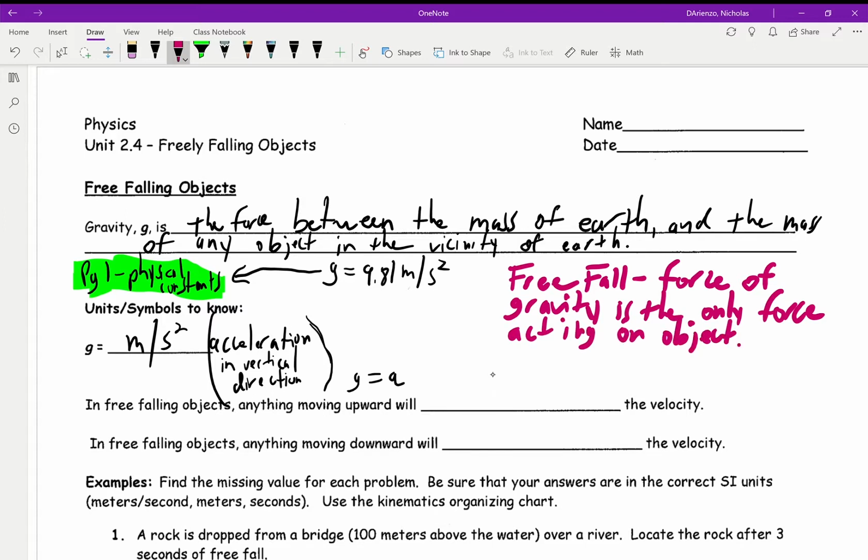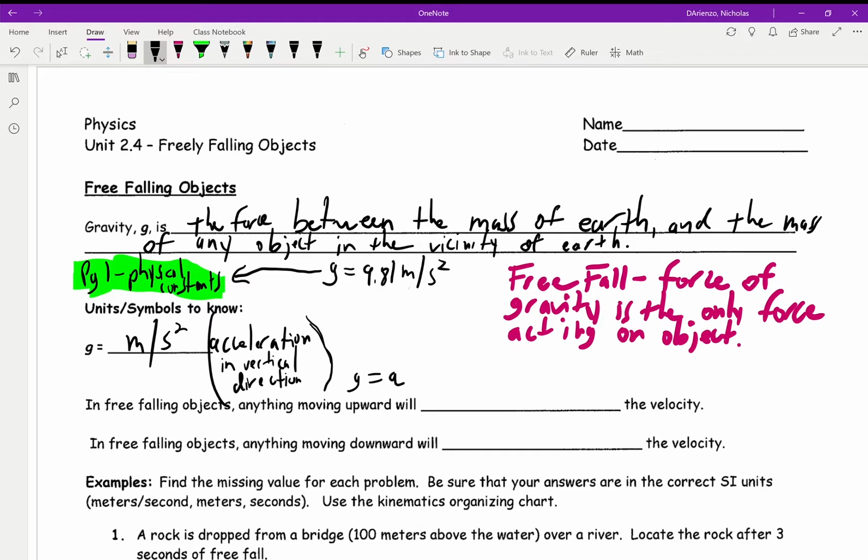We disregard other forces that might be accelerating or slowing the object down. We assume that the only thing that's going to be changing the motion of the object is going to be the force of gravity.